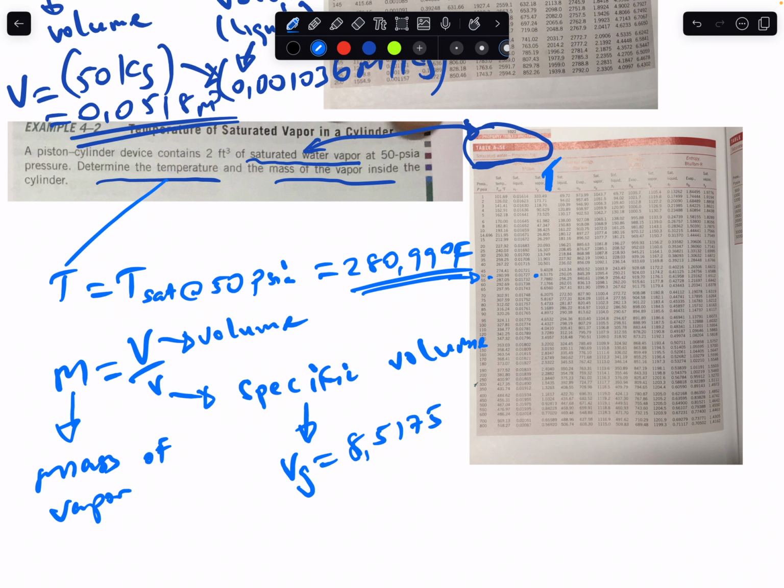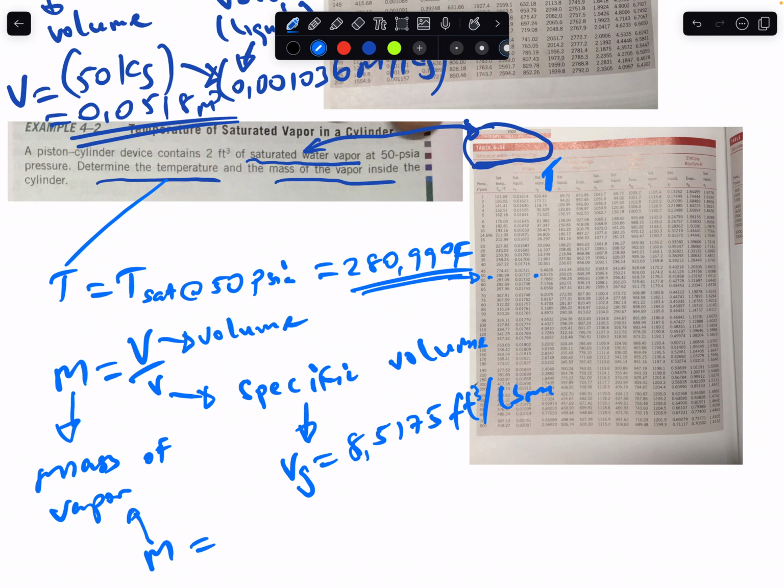And what is the unit? It's going to be a bit dirty, you might not see clearly, but let me just write the unit in foot cube per pounds.